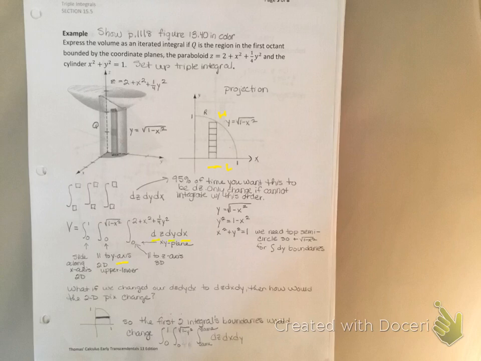And then finally the dz is going to be this upper region, and then the lower region, which very many times it's going to be the xy plane, so a lot of times it's going to be a 0. Will it always be that? Oh heck no, but most of the time it's going to be some variation of that. And so that's going to be your inner boundary, the dz.